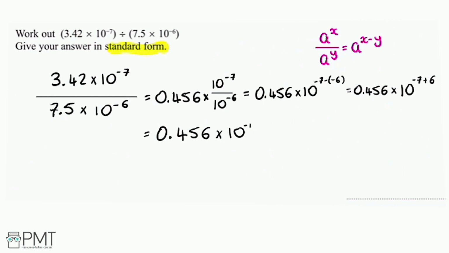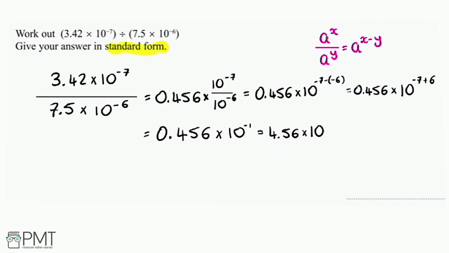However, this isn't quite in standard form. For this to be in standard form, this part of the number here needs to be greater than or equal to 1 and less than 10. Well, this is less than 1 at the minute, so what can we do? Well, we can shift everything over by 1 place, giving us 4.56. And that's great because that now meets our condition of being greater than or equal to 1 and less than 10.